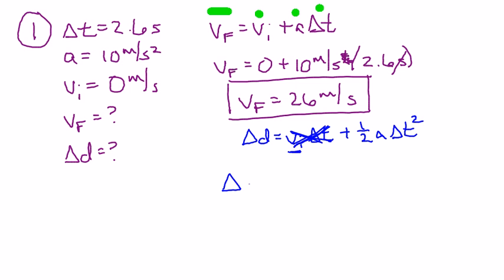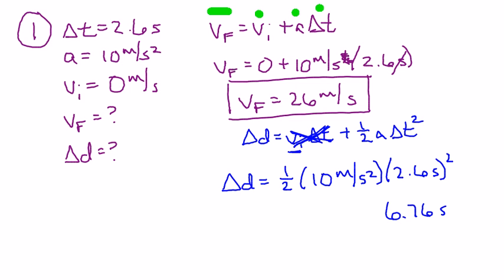So we're going to look at delta d equals 1/2 times 10 meters per second squared times delta t, which is 2.6 seconds, squared. I'll have to calculate this a little bit as we go. 2.6 squared is 6.76, so we'll have 6.76 seconds squared times 10 meters per second squared and 1/2 equals delta d.